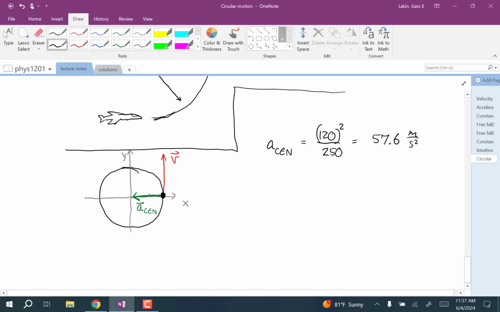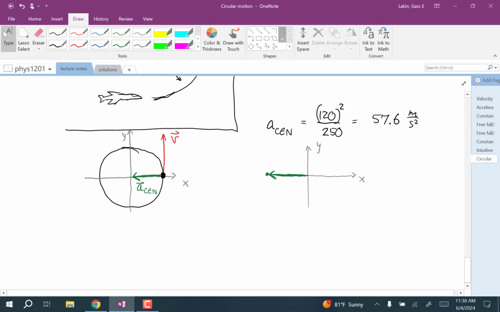Now looking at the direction of that, if you drew a coordinate system, put the tail of that centripetal acceleration vector at the origin, and calculated the coordinates at that point, you would see that that's just 57.6 in the negative x direction.